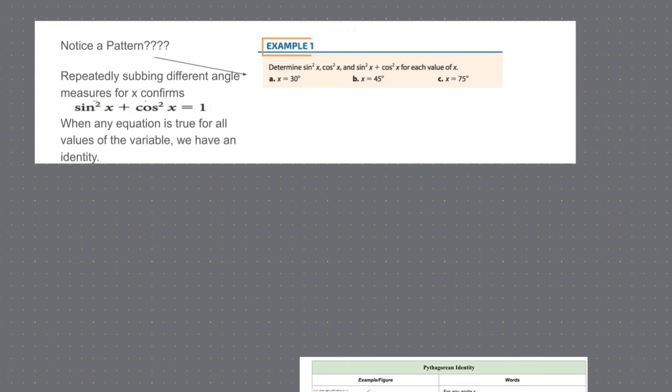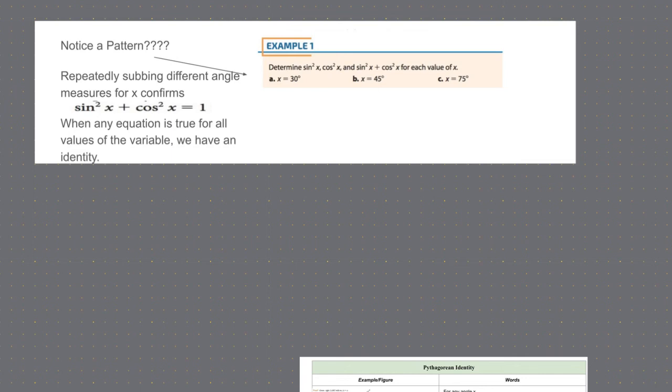So example number 1 is saying, have your calculators with you, determine the sine squared x, the cosine squared x, and the sine squared x plus the cosine squared x for each value of x. I'm going to do these down here because this is going to get a little big.